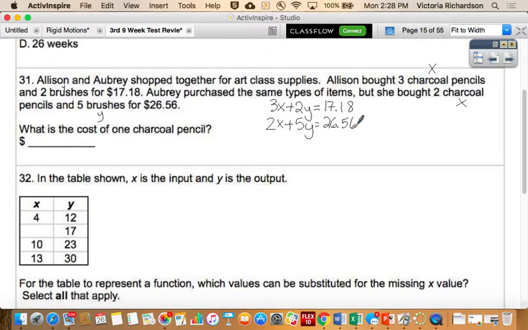And then I would turn that into an elimination equation. So I would multiply the top by 2 and the bottom by -3. And when you work all that out, the cost of 1 charcoal pencil will be $2.98.